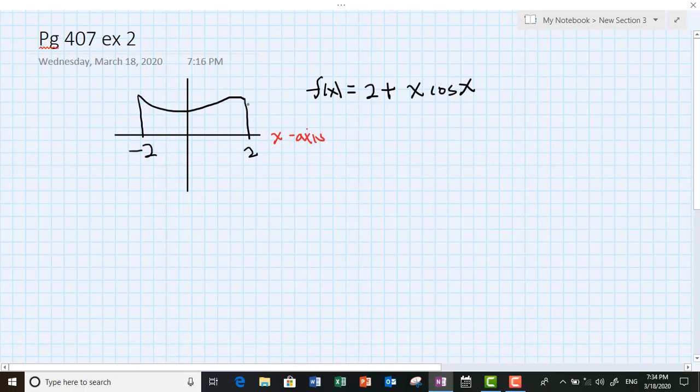So can you just imagine, visualize, when this region, which is bounded by x equals -2, x equals 2, and the x-axis, revolves about the x-axis 360 degrees, what kind of solid is it going to form?